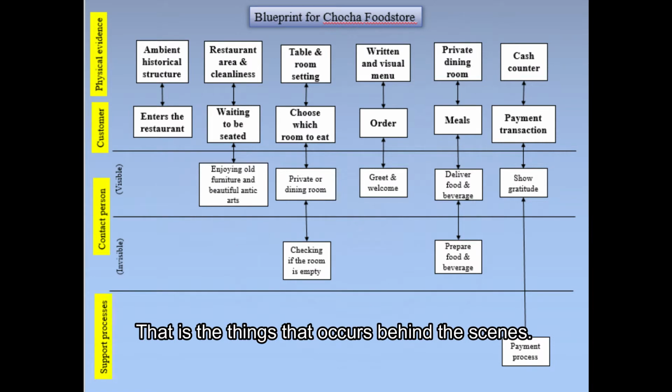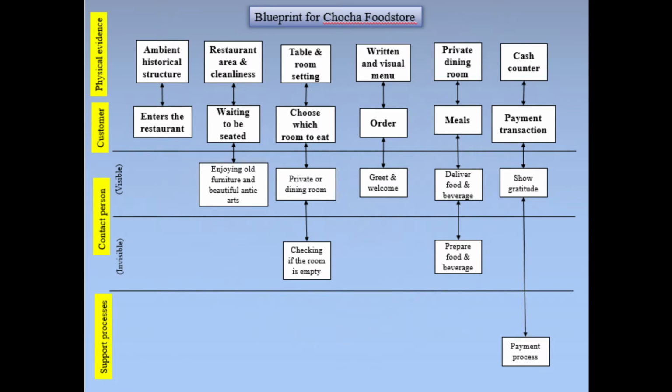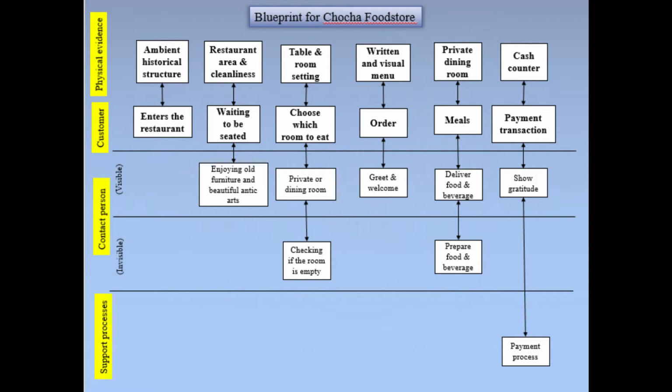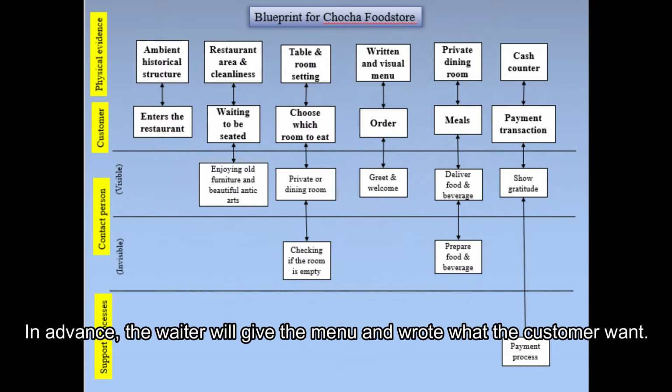That is what occurs behind the scenes. After that, the customer will make an order and the waiter will greet and welcome them. Then the waiter will give the menu and write down what the customer wants.